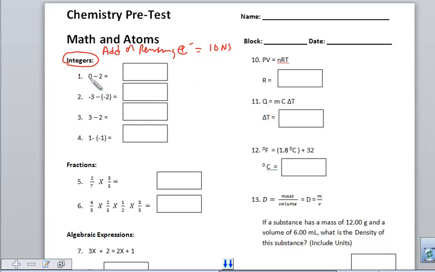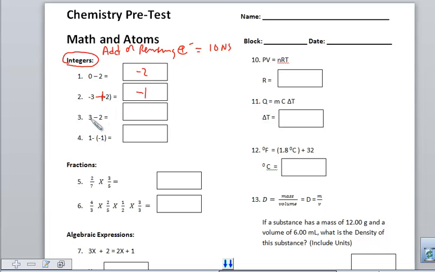So here we have a 0 minus 2, which would give us a negative 2, obviously. Here we have a negative 3 minus a negative 2. When you have this minus backed up with the negative sign, it's essentially a positive sign. So on your number line, from that negative 3 you would go to the left 3 places, and that would leave you with a negative 1.